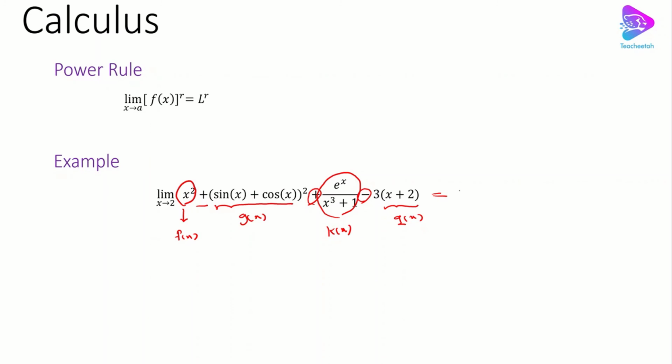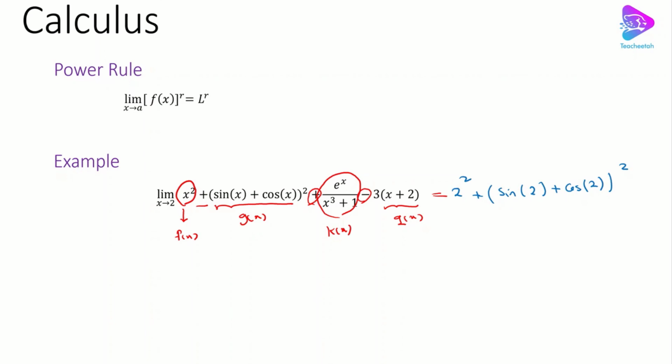So it's going to be 2 squared plus sine 2 plus cos 2, squared.